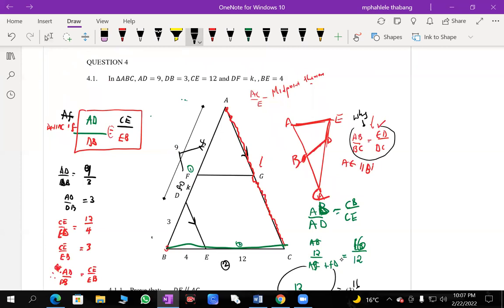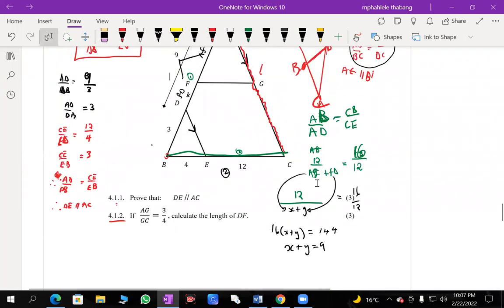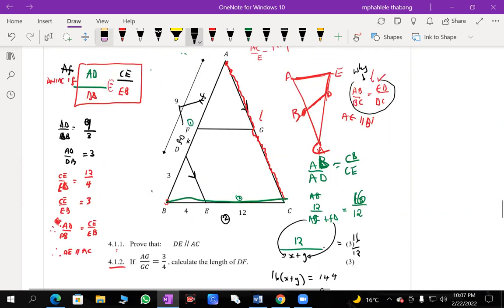You applied all the theorems, and you come back to the simple concept. AF plus FG is 9. So x plus y is 9. You had to move around just to come back to the truth that AF, when added with FG, is 9.